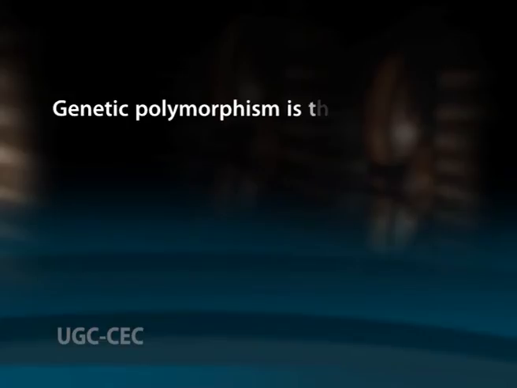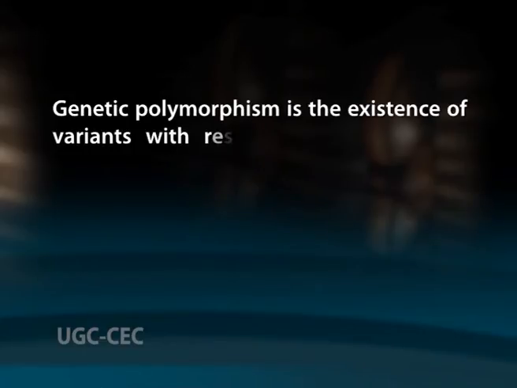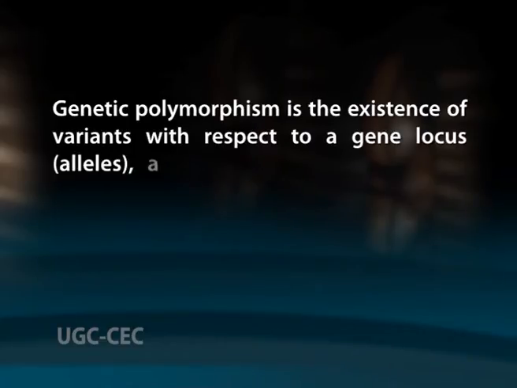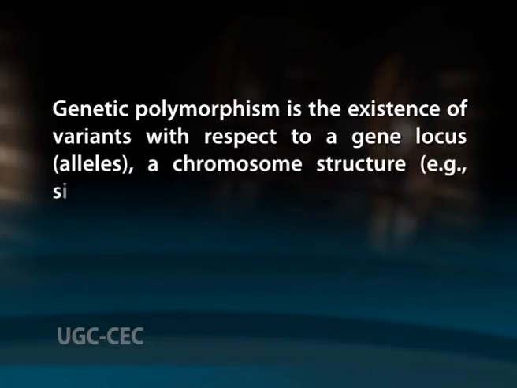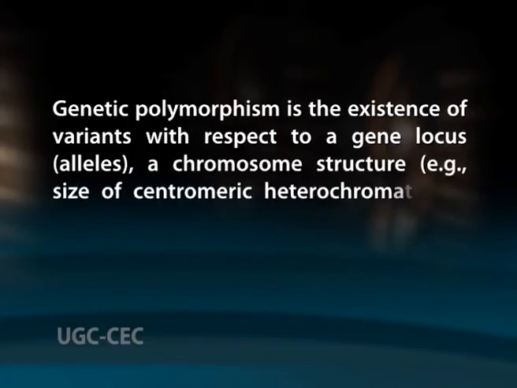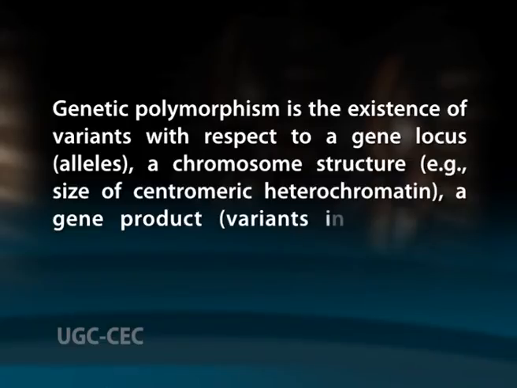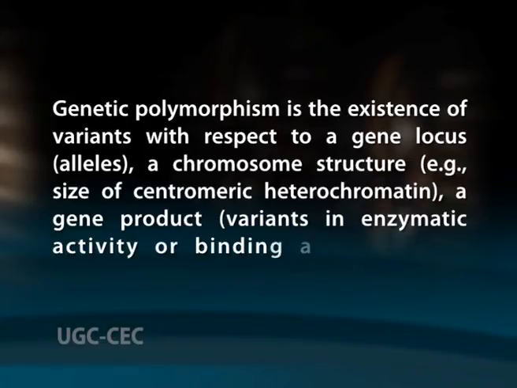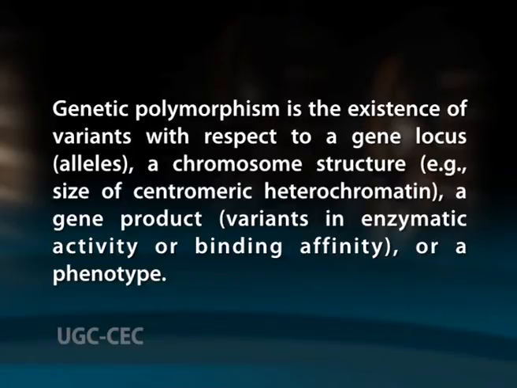Mutation brings about genetic polymorphism in a population. Genetic polymorphism is the existence of variants with respect to a gene locus, that is alleles, a chromosome structure, for example size of centromeric heterochromatin, a gene product which includes variants in enzymatic activity or binding affinity, or a phenotype.